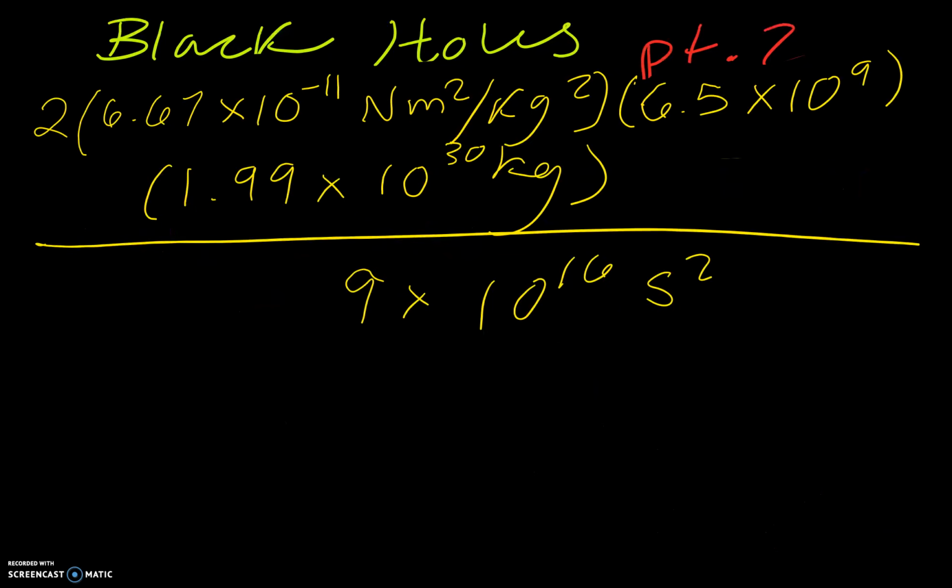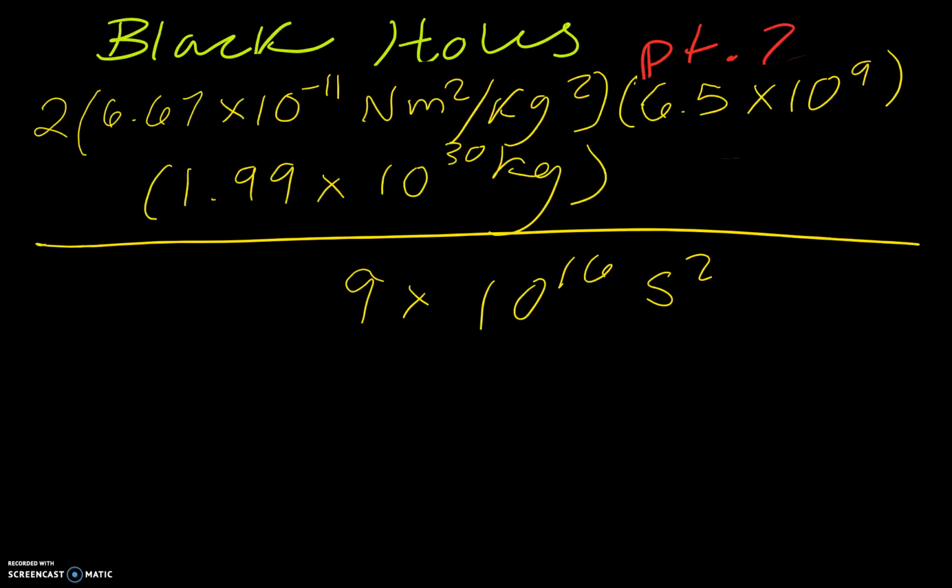So I'm just going to go ahead and explain what I have here. I know it looks really crazy, but all I did was just plug in the numbers that we know. So our Schwarzschild radius is going to equal 2 times G, our gravitational constant, and so I just filled that in for this parentheses, and then we're going to multiply that by the mass of our black hole.